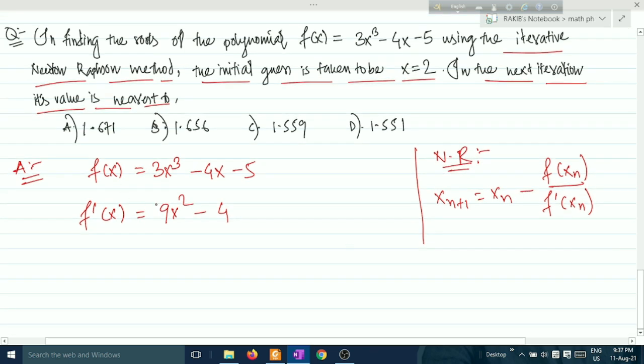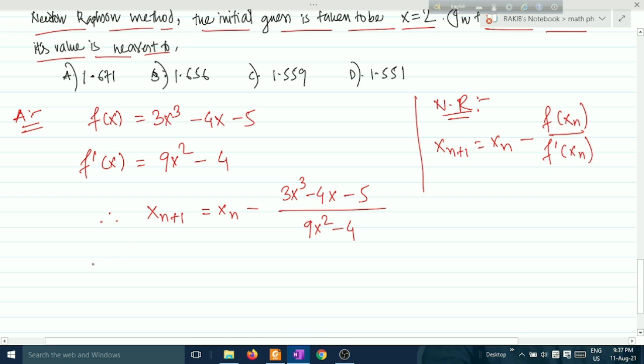Okay, put this on the formula. x_{n+1} equals x_n minus f of x_n, which becomes 3x cube minus 4x minus 5 in the numerator, and in the denominator a 9x square minus 4 term. For the first iteration, first repetition, n has to be 0.